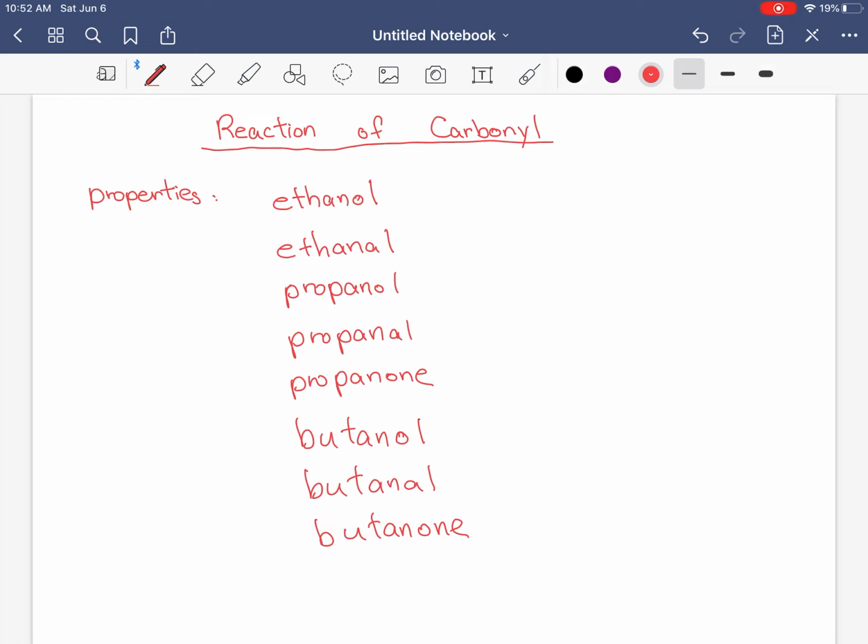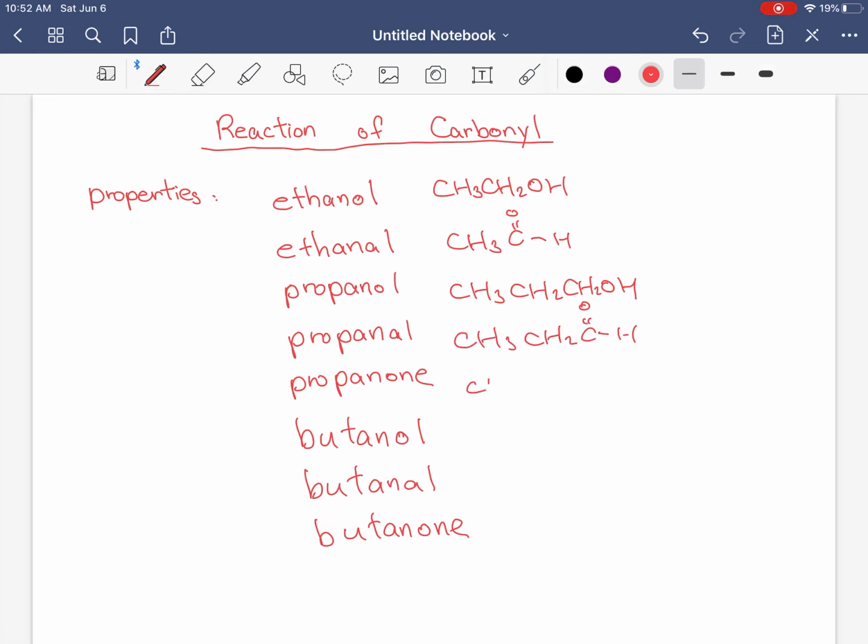Okay, let me just draw these while I'm at it too. So this is ethanol. This is ethanal. This is propanol. This is propanal. And this is propanone.